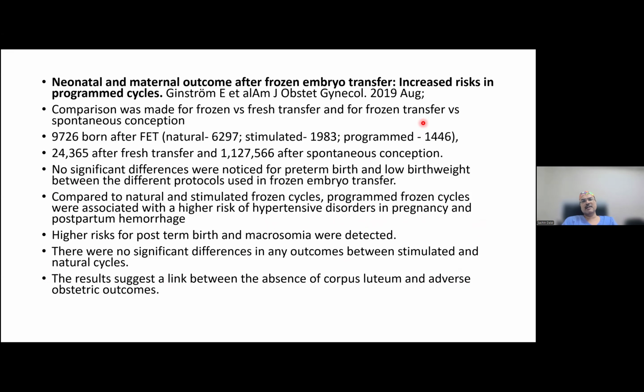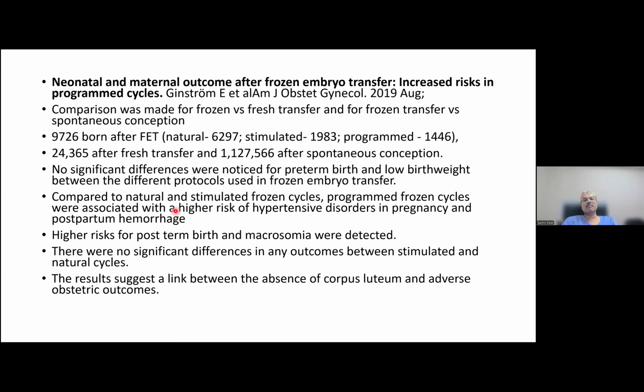And another paper where they compared fresh versus frozen transfer for spontaneous conception. They had 24,000 fresh transfers, and they also compared almost 11 lakh spontaneous conceptions.